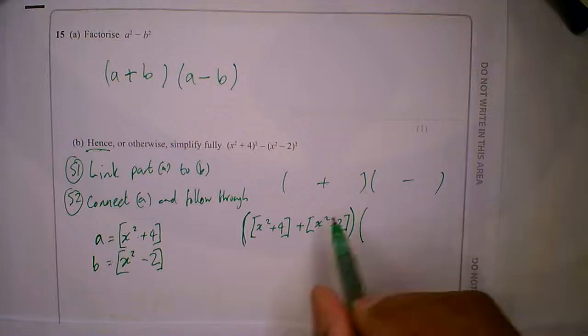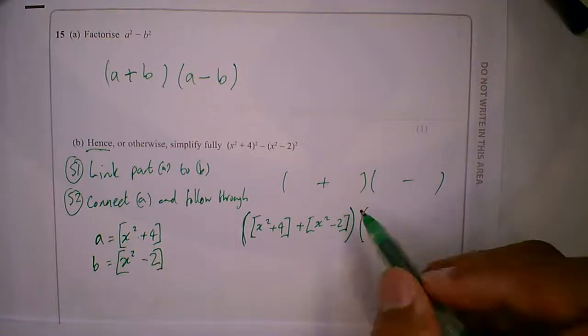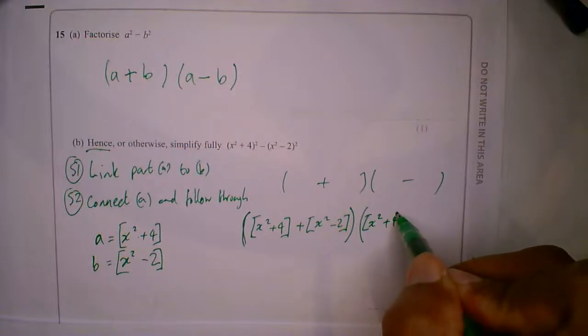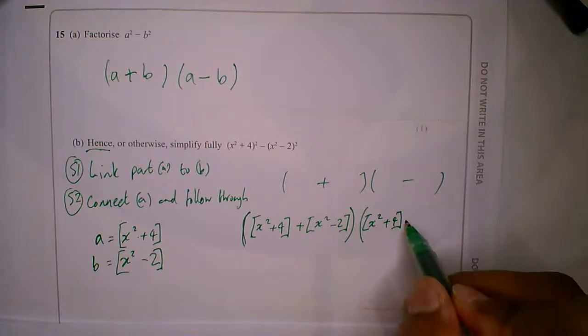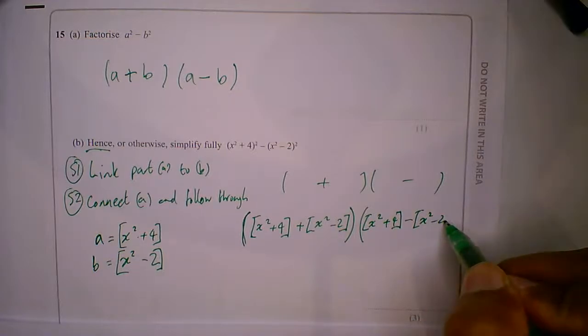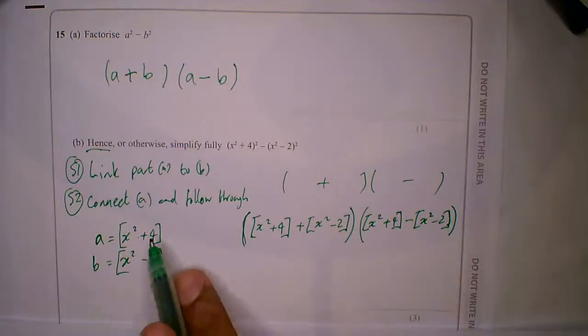And same thing again, I'm going to put A, which is x squared plus 4, in square brackets, take away x squared take away 2. Okay, and now I follow through.